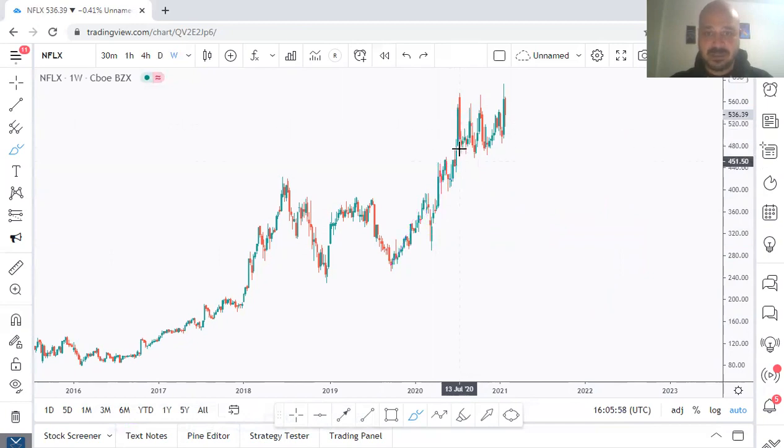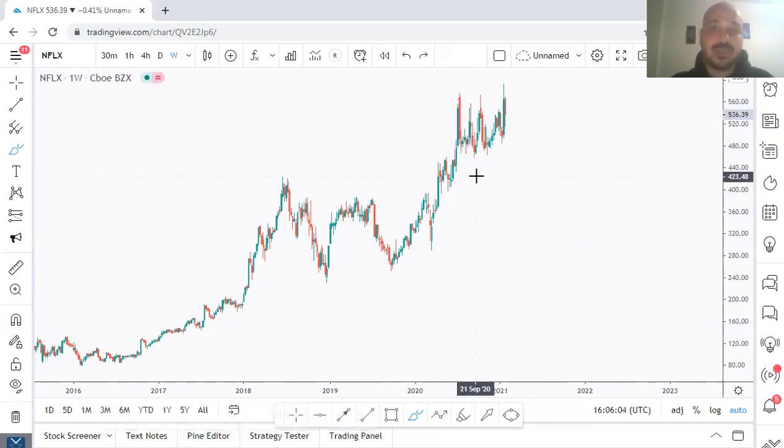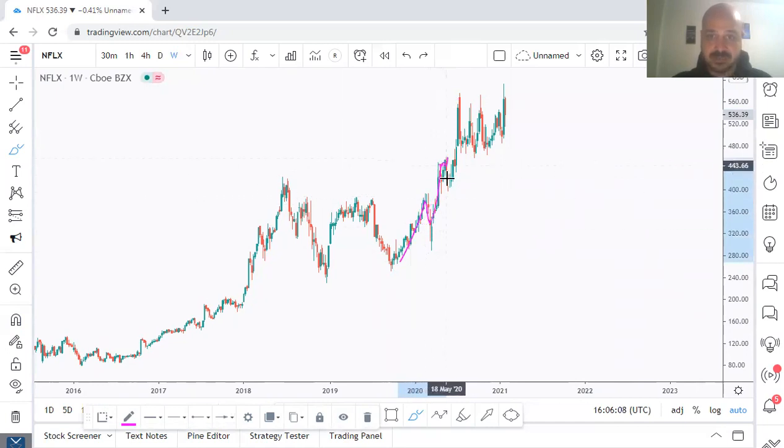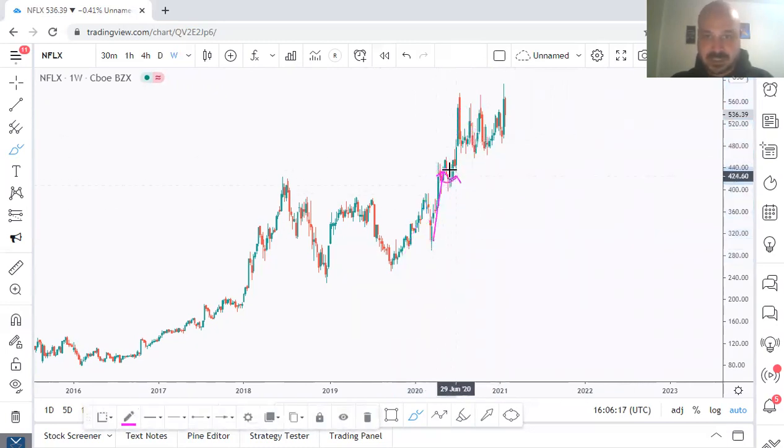However, starting from here, right, the bulls are losing momentum. Why? How do we know that the bulls are losing momentum? Because they aren't able to push price like before. If they were able to push price like before, we would see a range, impulse, range, impulse, right? Here we have a range and we would see an impulse.